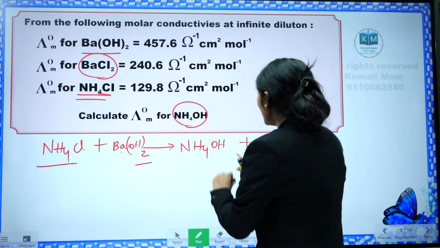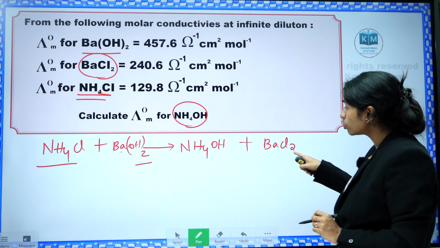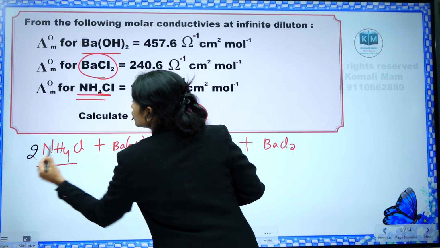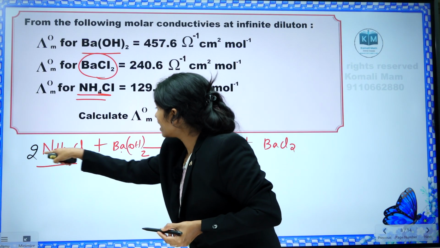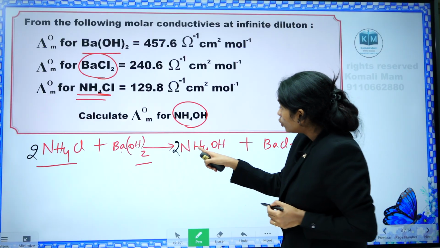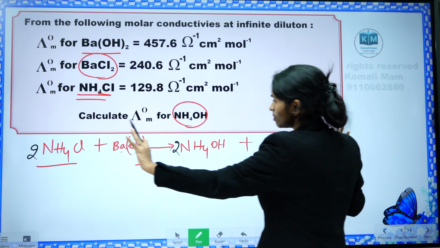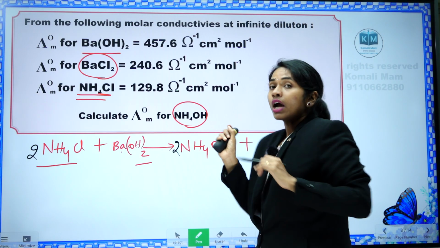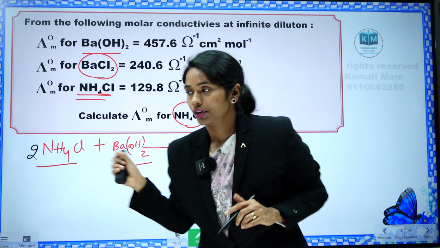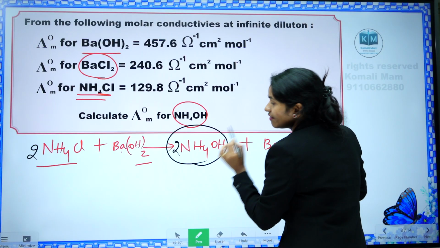But now check it. Here there are 2 chlorines, but here only 1 chlorine. So put 2 here. 2 ammonias came, so 2 I'll keep. 2 hydroxides are there, so the reaction is just balanced. Now, how to solve this type of question? We want this one they were asking.